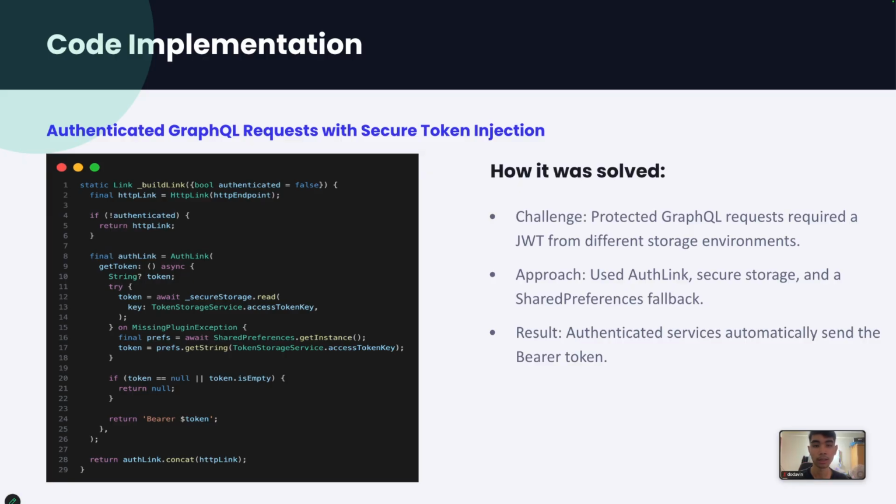When a valid token exists, it returns it using the Bearer format and combines the authentication link with the HTTP link. The result is that protected services only request an authenticated GraphQL client. The token is attached automatically without exposing storage logic inside the user interface or individual feature services.